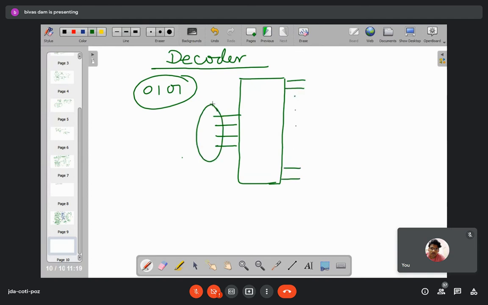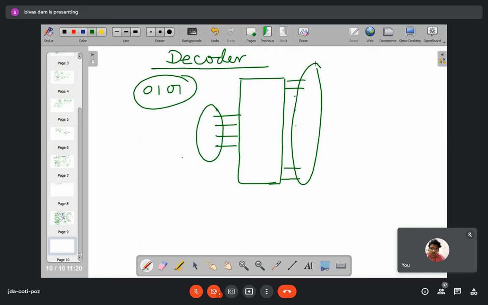Depending on the pattern, only one of the 16 output lines will be activated. The others will remain inactive. So the third person who does not know the binary number system, nor the encoding rule, will come here and see the output available.